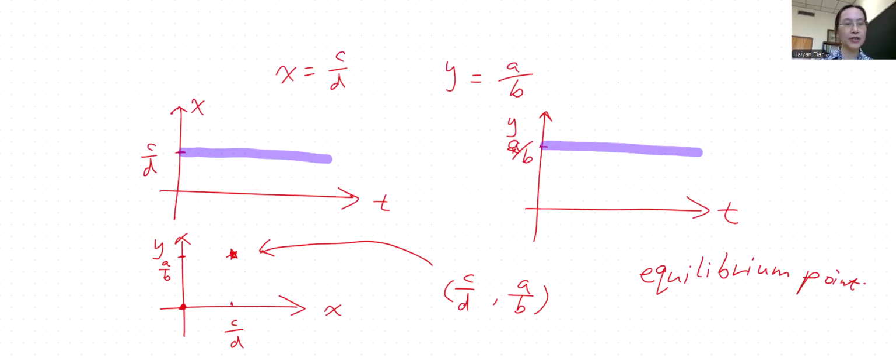Okay, so now just see those 1 point and second point. So we have 2 equilibrium points.